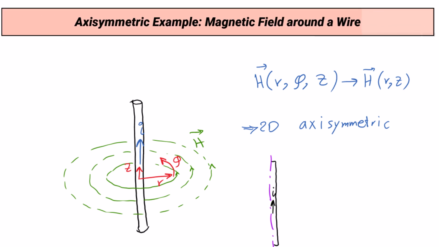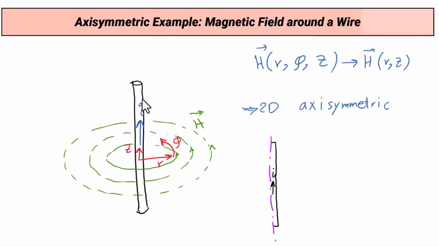For our next example, imagine a wire carrying current with the magnitude I, and you can see the wire here. The magnetic field around it forms concentric circles, and you can see the circles in green. Using cylindrical coordinates, which you can see here, the magnetic field depends only on the radius.